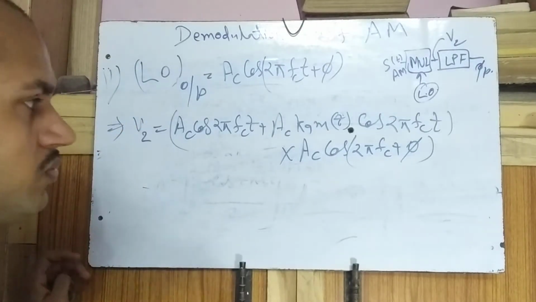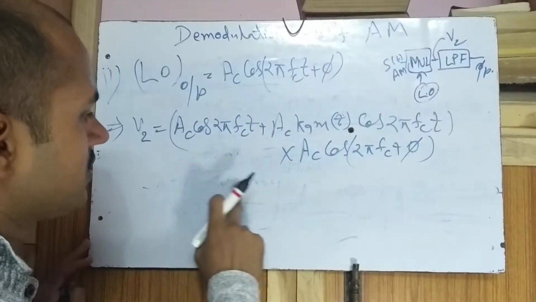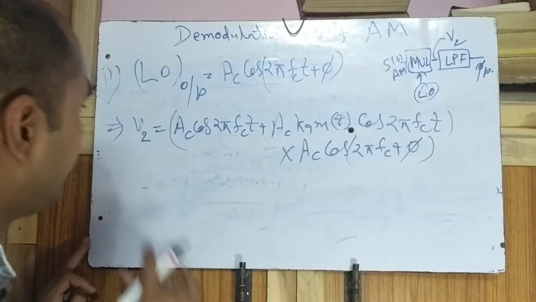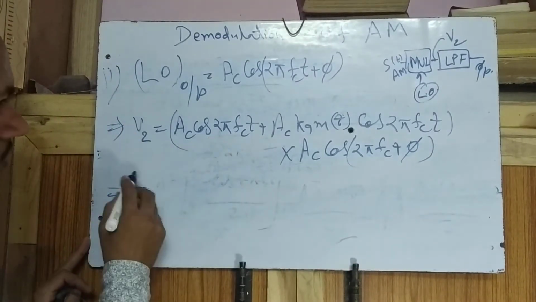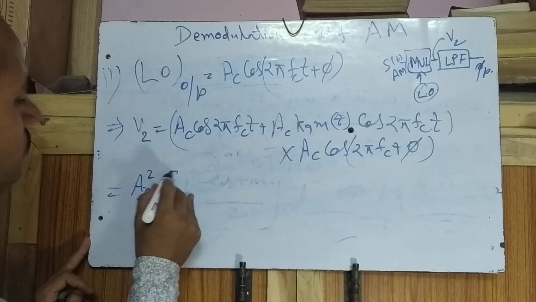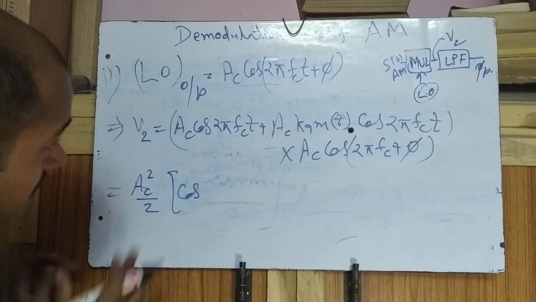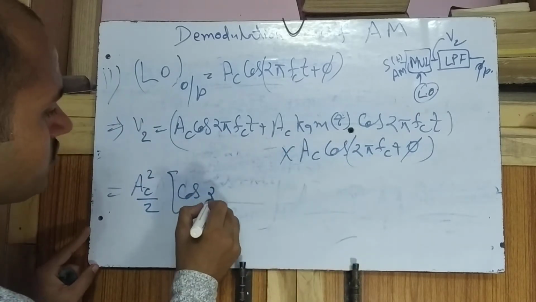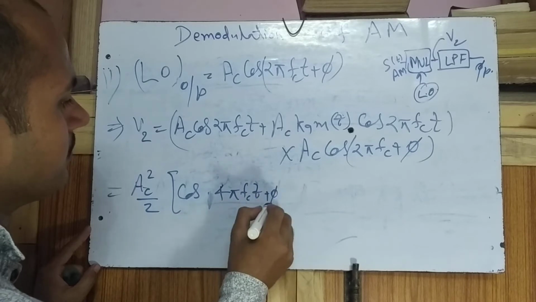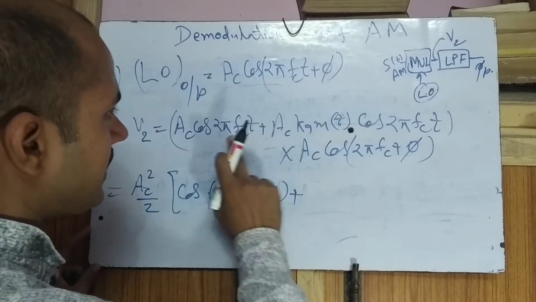We will use the formula cos A into cos B is equal to cos(A plus B) plus cos(A minus B), whole divided by 2. So we will get Ac square by 2 cos(A plus B), meaning cos(4πfct plus phi), plus cos(A minus B).